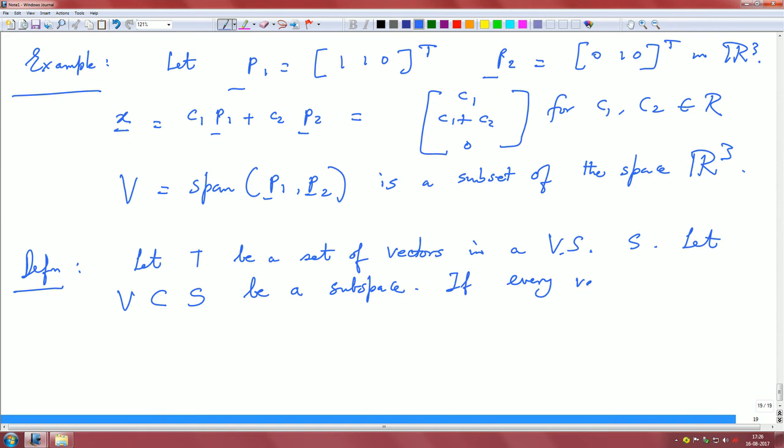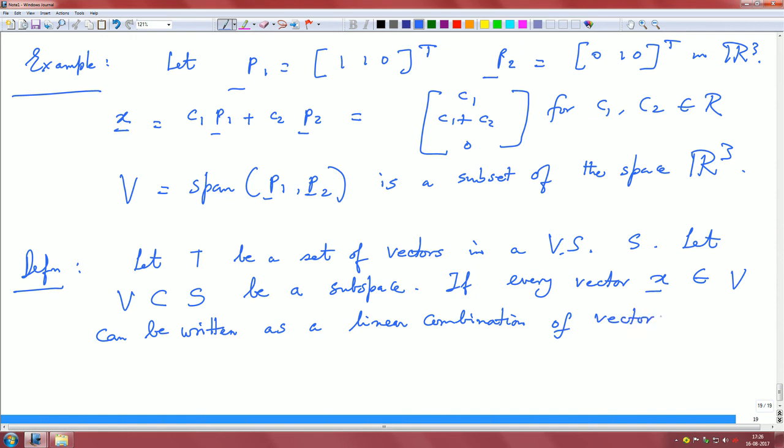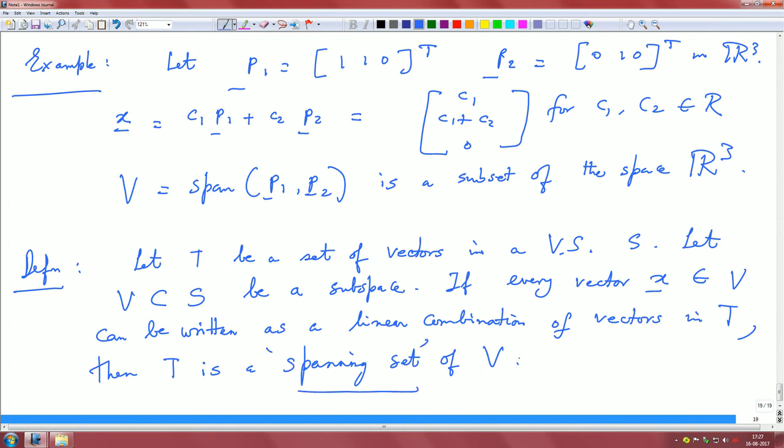If every vector X belonging to V can be written as a linear combination of vectors in T, then T is a spanning set of the space V. This is an important definition as well.